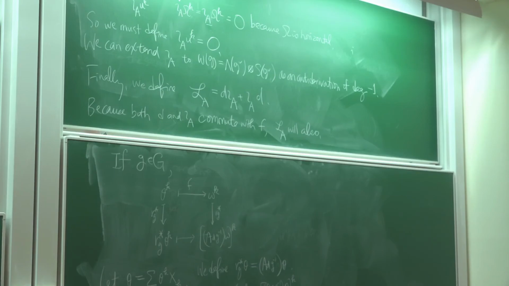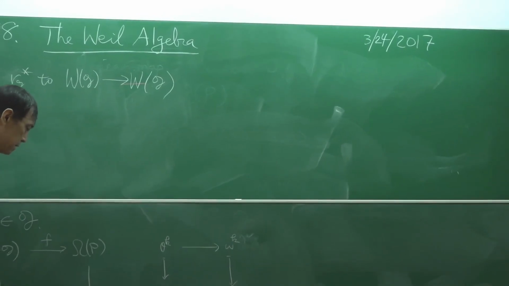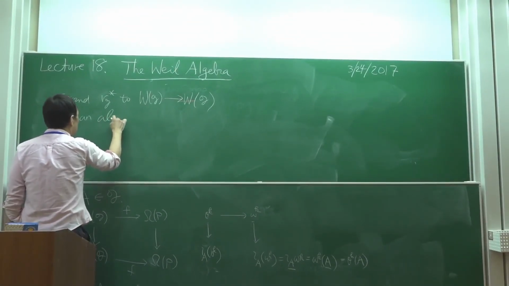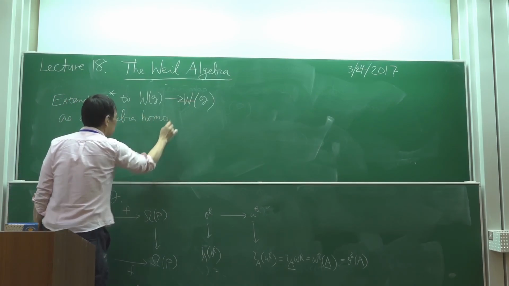So extend RG star to the Weil algebra as an algebra homomorphism.